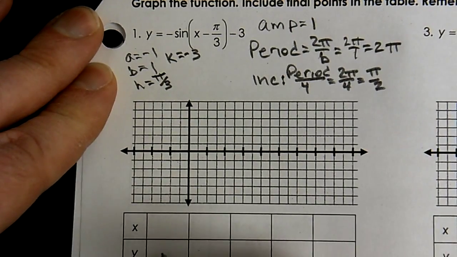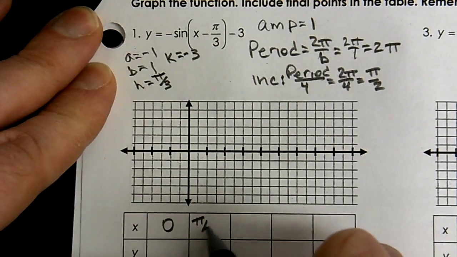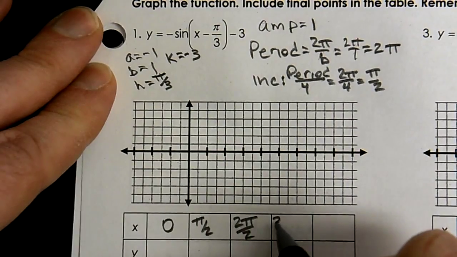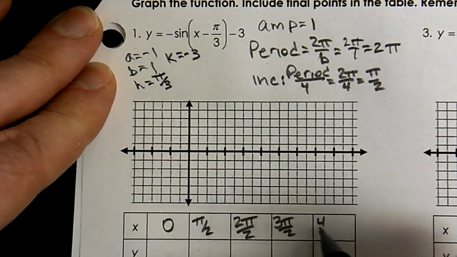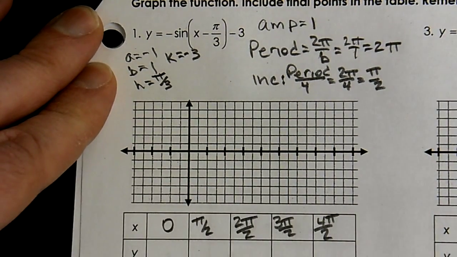So we can come down here. We always start at 0, then we go to pi over 2, then to 2 pi over 2, 3 pi over 2, and 4 pi over 2. We can reduce those later.